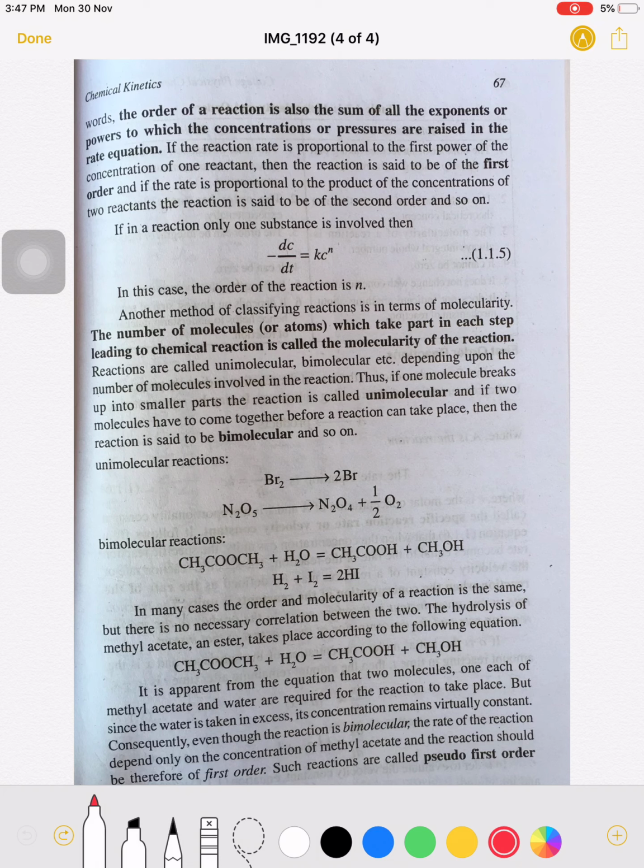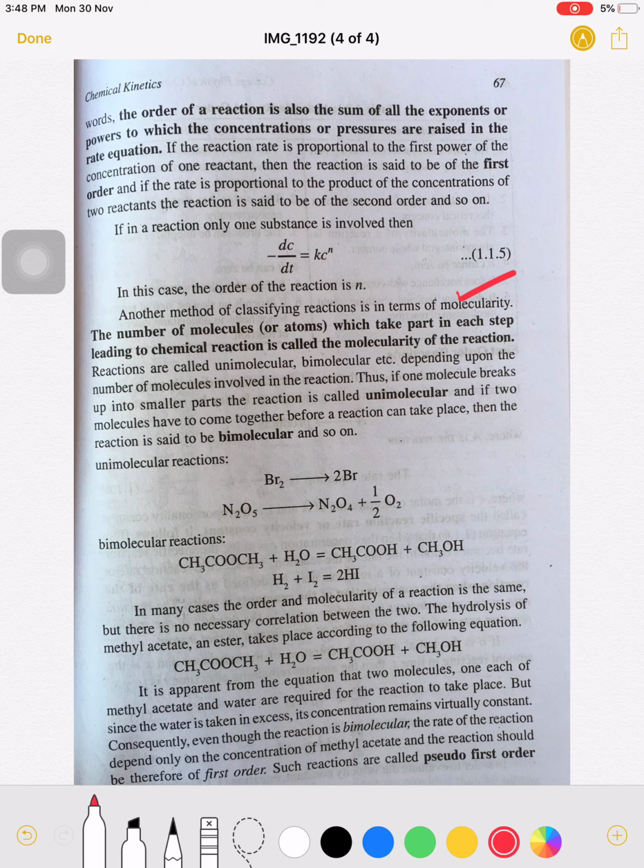Another method of classifying reactions is in terms of molecularity. Initially, by use of order of reaction, we can classify reactions as first order, second order, third order reactions, like that. The second method of classification of reactions is molecularity. What is meant by molecularity?